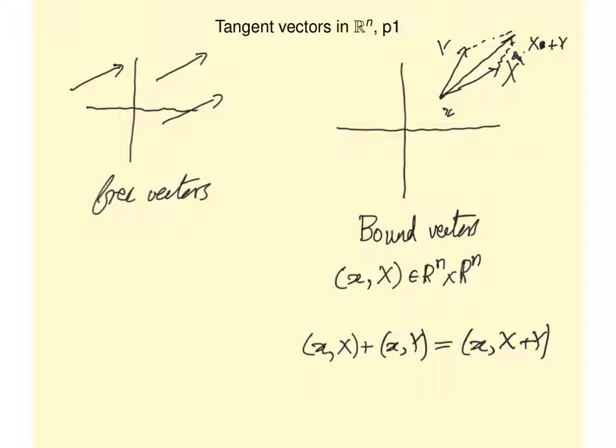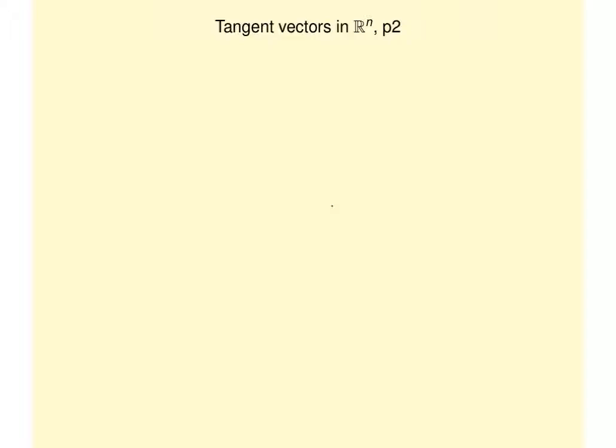Okay, so I'll draw that diagram again. Start point is little x, and the actual vector is little x comma capital X, and that's an element of Rn cross Rn.